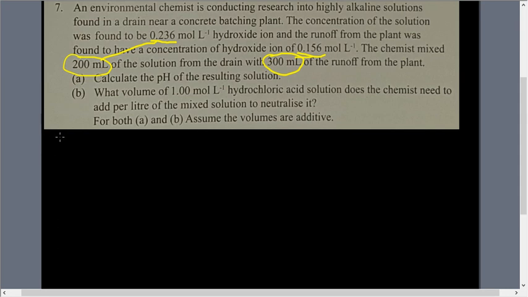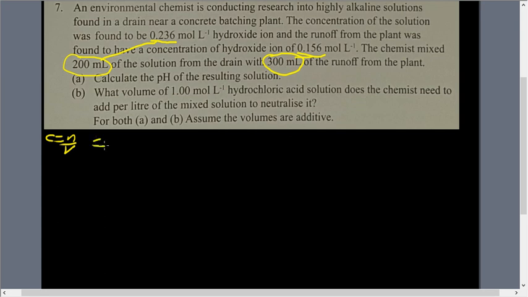So, concentration. We know that concentration is equal to the number of moles divided by the volume. We've got two things that we're adding here, and two volumes that are additive, they say, which means that 200 mils and 300 mils equals 500 mils.